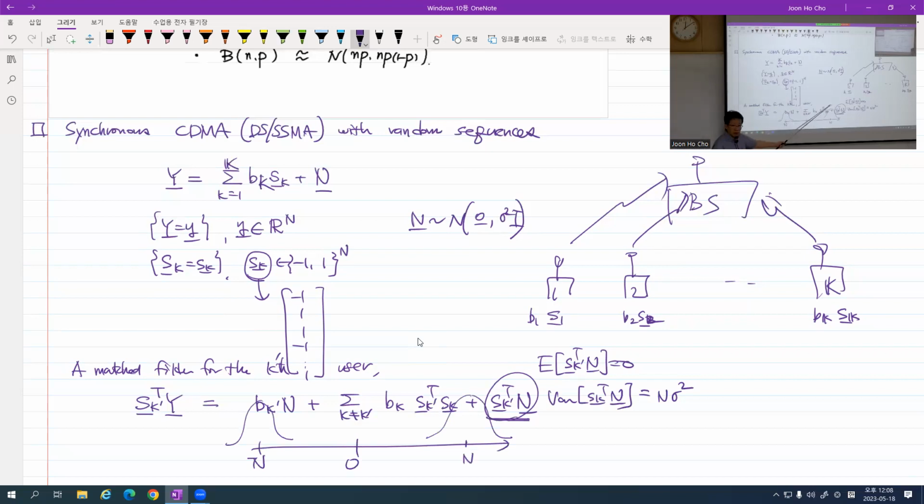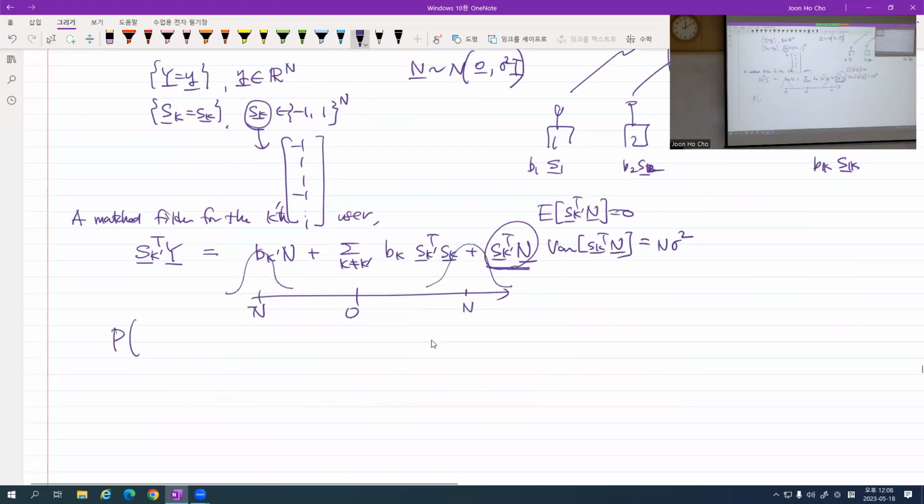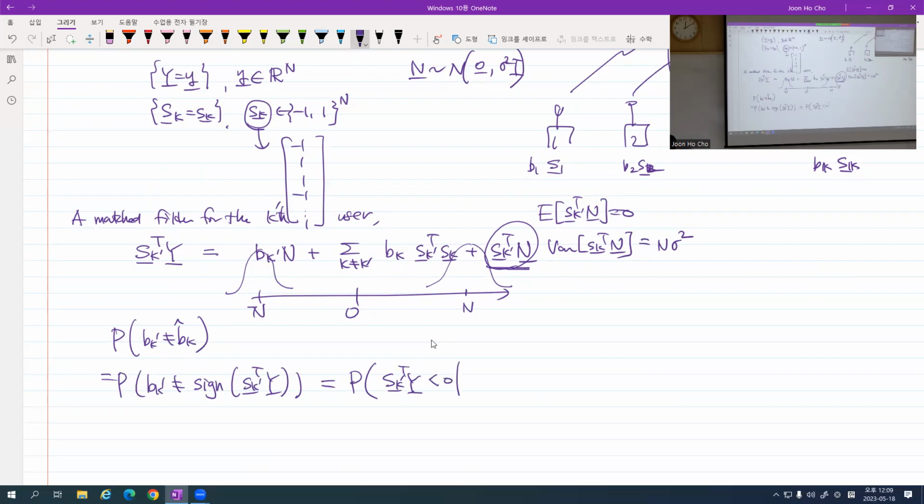So if there is no interference, what is the probability of bit error? The probability of bit error, b_k not equal to b_k hat, is the probability of b_k' not equal to the sign of s_k' transpose y, which equals the probability that your received signal is less than 0 when b_k' is 1, times the probability that b_k' is 1, plus the probability that s_k' transpose y is greater than 0 when b_k' is negative 1, times the probability that b_k' is negative 1.